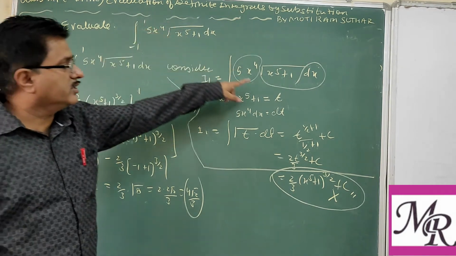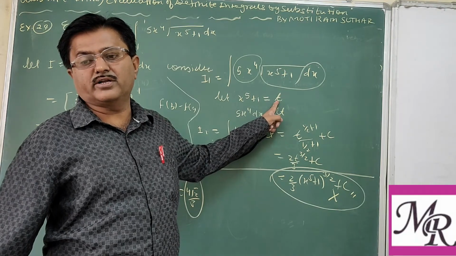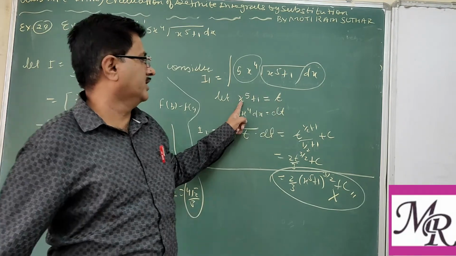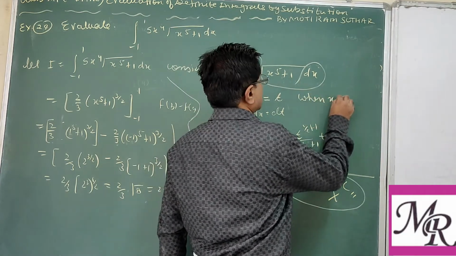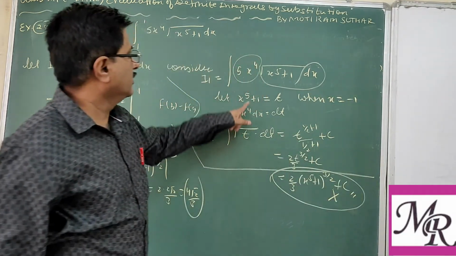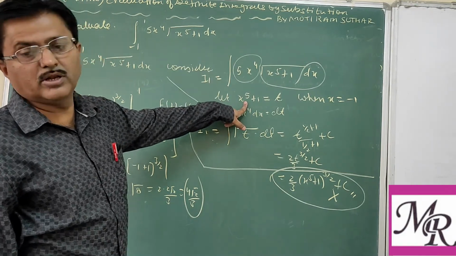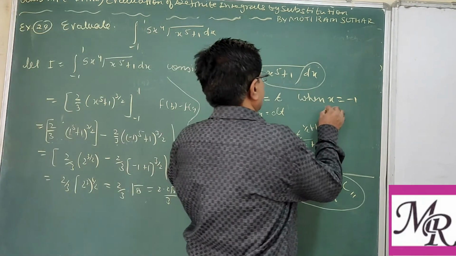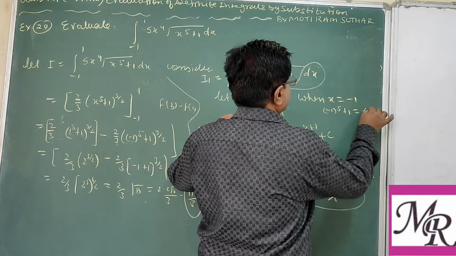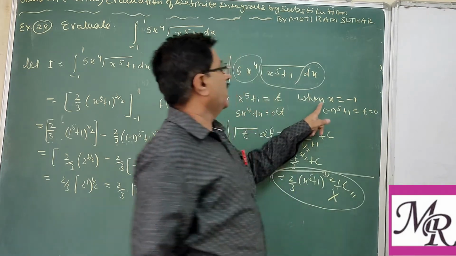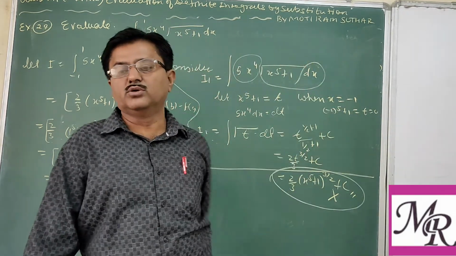Now we are putting the new variable t. Then the limits according to the new variable t will change, depending on this. So when x equal to minus 1, we put x equal to minus 1 in minus 1 power 5 plus 1, so t equal to 0. So when x equal to minus 1, t will be 0.